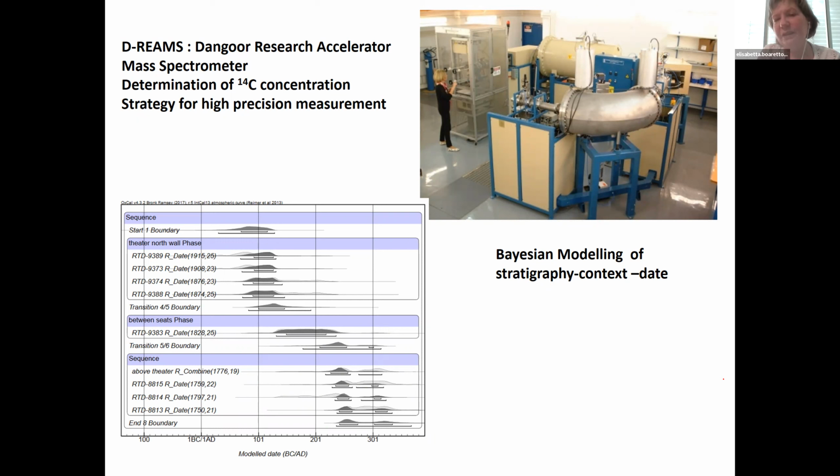The measurement is done with many known age samples in order to improve the precision of the measurement, and also, when possible, repeat the measurement of the same samples more than once. So really to gain in precision in order to reduce as much as possible the calibrated range of the samples.